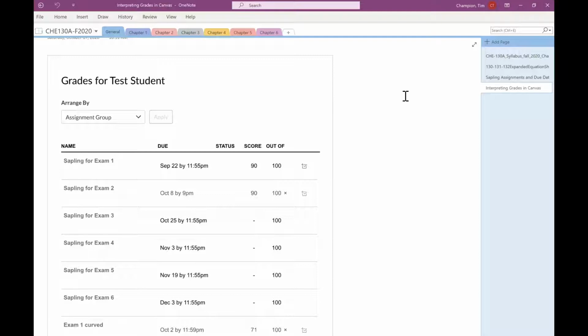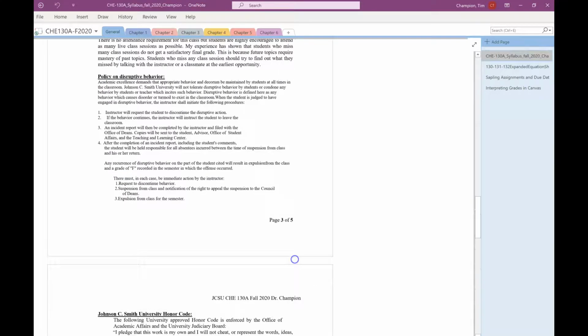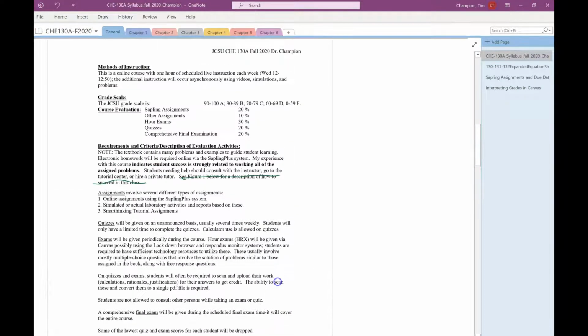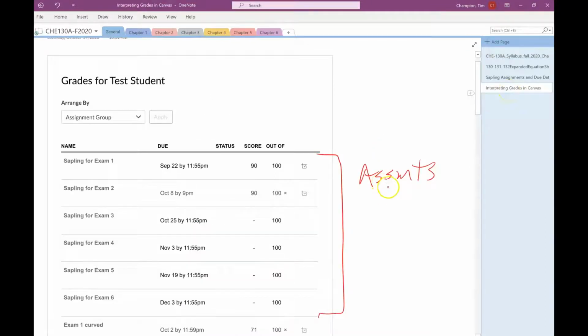So what you see here with your different groups, this is your assignments, and the groups should agree with what's on the syllabus. The syllabus up here tells us that the group weighting for assignments is 20, so these are 20% of your overall grade, right?